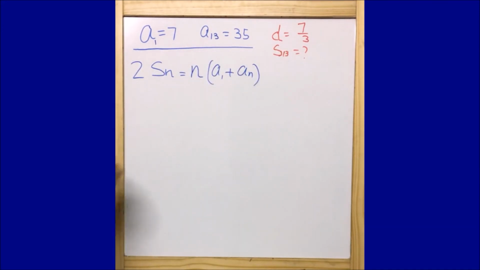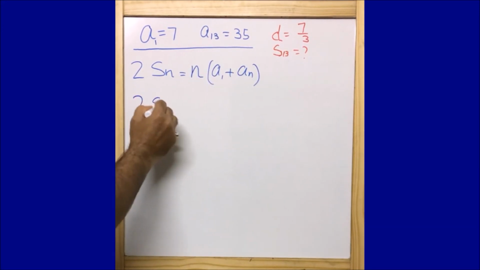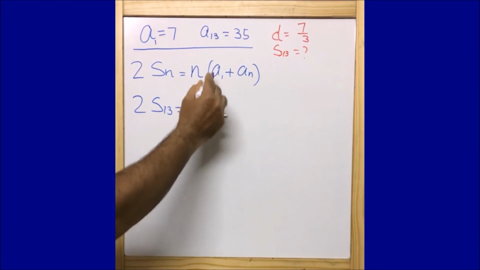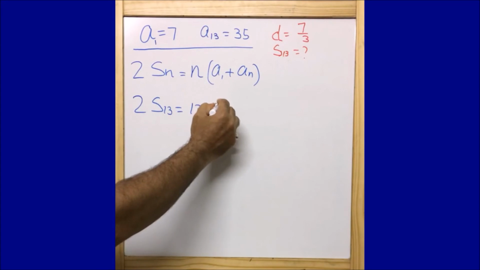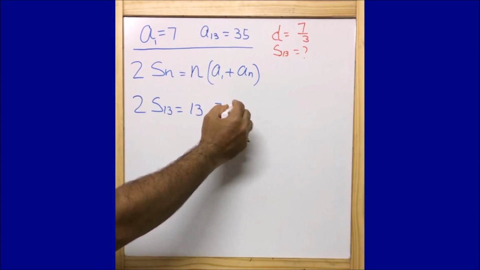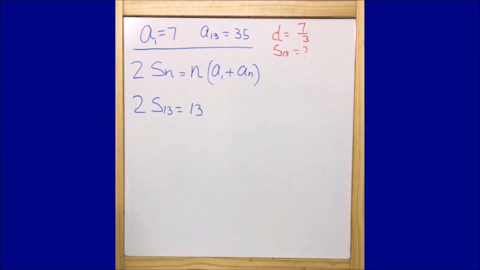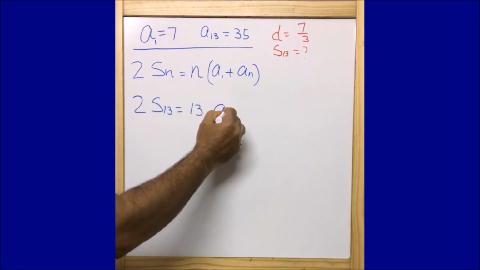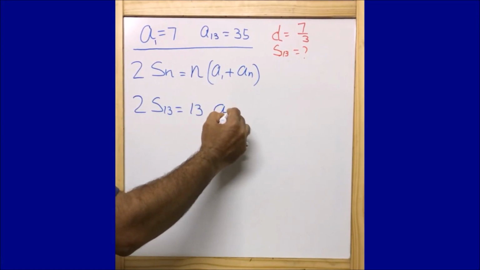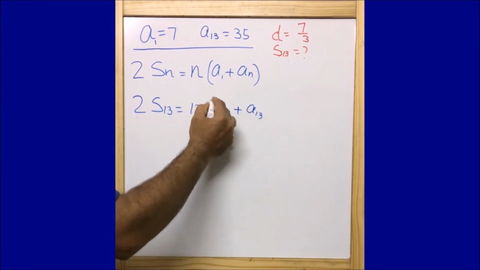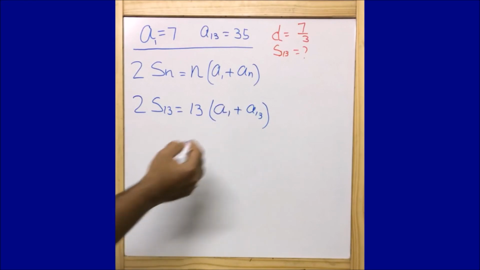So I can write 2S13 is equal to 13 into A1 plus A13. This is the process that we can write in our answer sheet, so that the examiner will not feel confused.